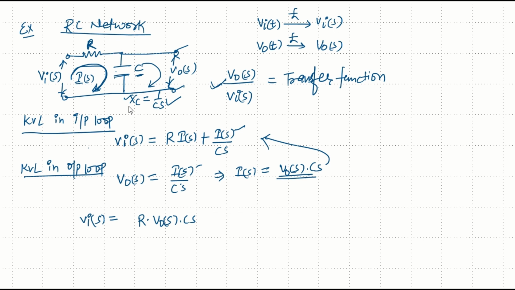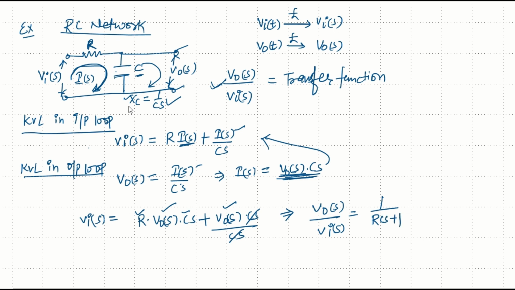So, I am getting VIs equals R into VOs into Cs, plus again VOs into Cs divided by Cs. These two values get cancelled, and from this equation we can take VOs common and take the ratio. VOs by VIs comes out to be 1 upon RCs plus 1.